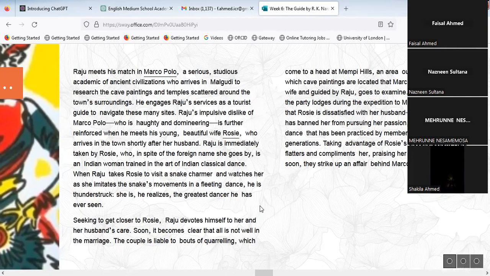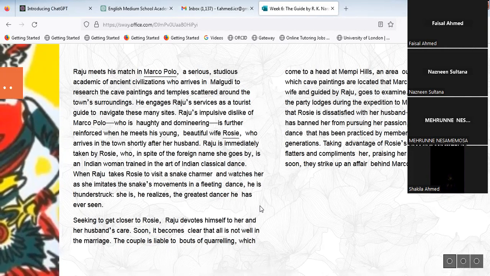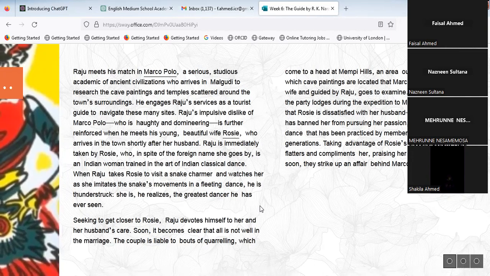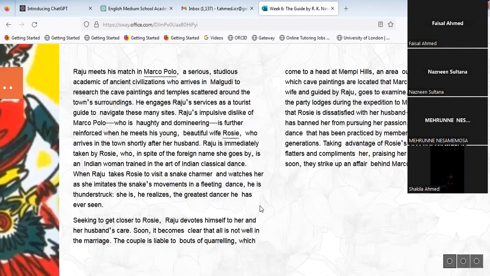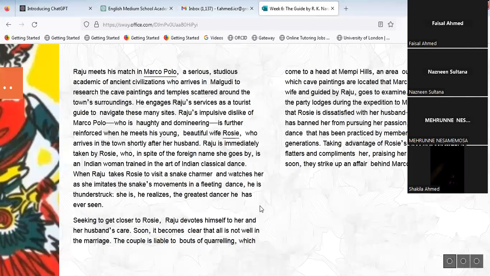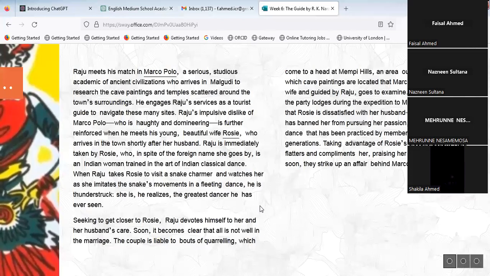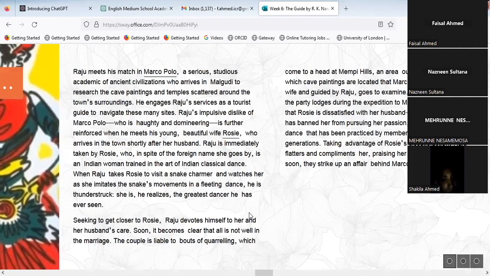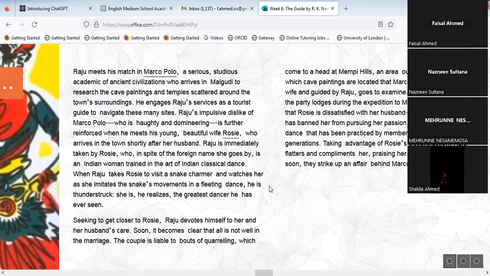So Raju takes this opportunity to earn money. He starts utilizing Rosie, arranging many dance programs in the street or at various occasions organized by aristocrats, and he can earn money. This way, Raju managed to earn a lot of money.